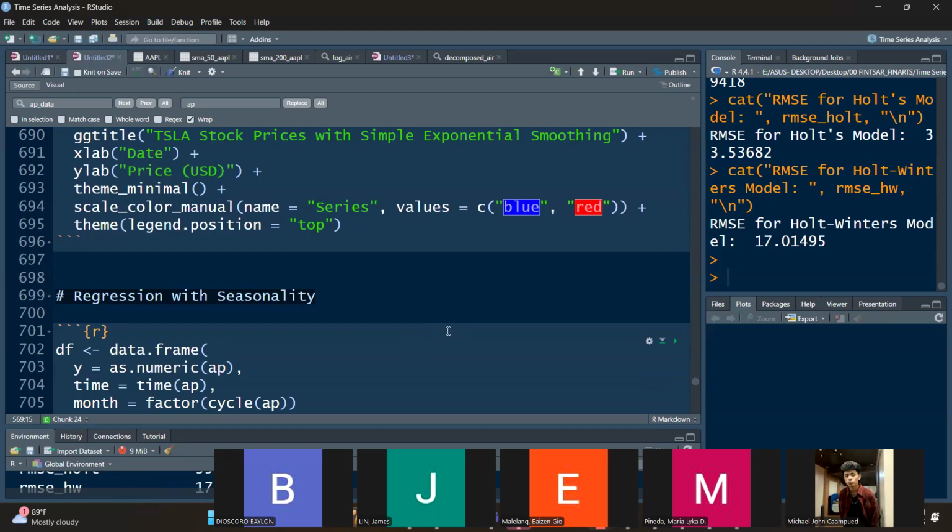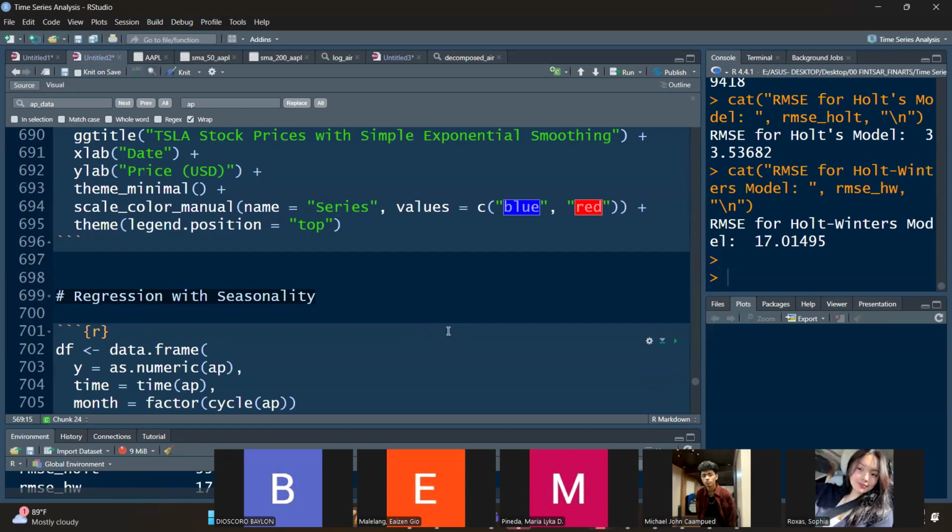So far we have simple moving average, exponential moving average, simple exponential smoothing, Holt linear model, and Holt-Winters. These are examples of exponential smoothing. Next meeting will be regression and ARIMA, and then we also spill over to another very important model, one of the more modern models, the Kalman filter, and then lastly GARCH.